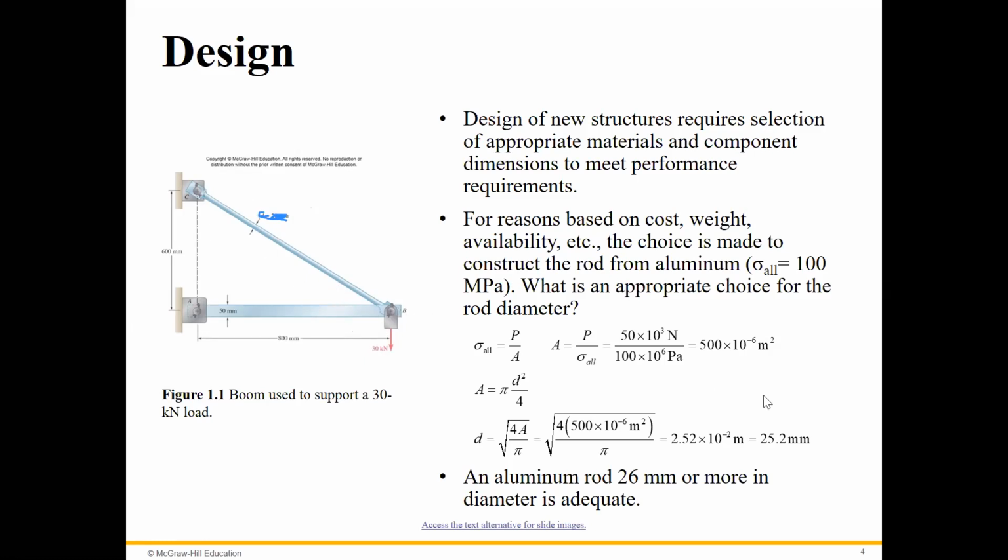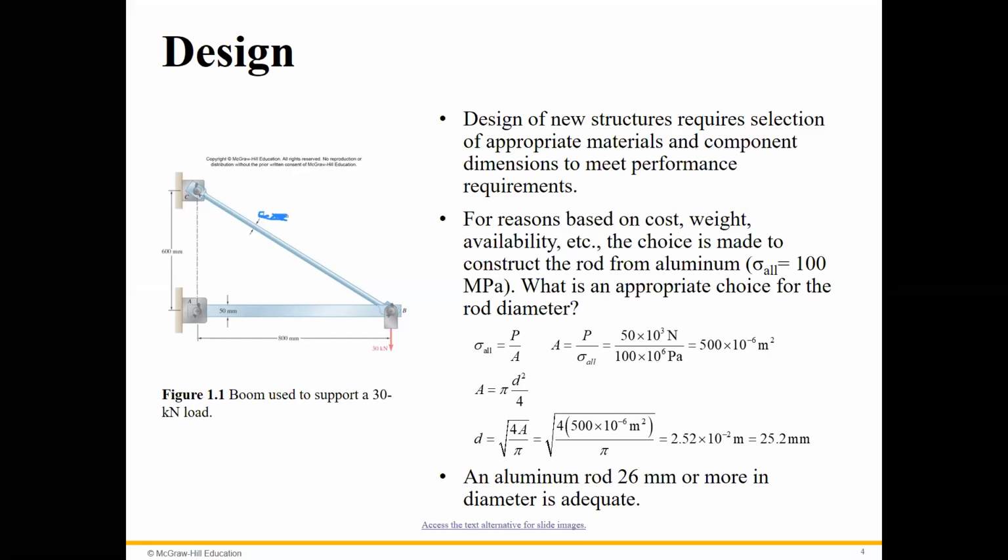This type of problem is called a design problem. It means, for example, we have pure ground and we want to make a building. We want to make structures, which means we want to design the cross sections. We want to find which section is good. That type of problem is called design.